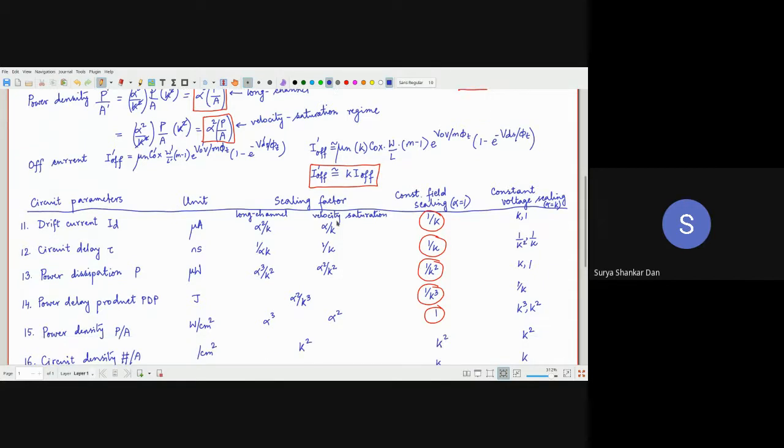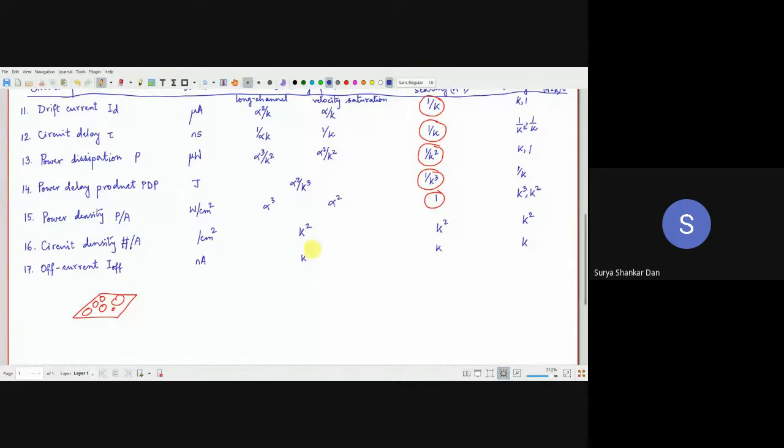Okay, so this is one of the major issues with scaling.